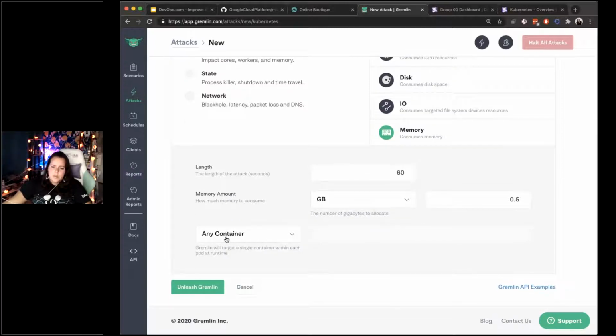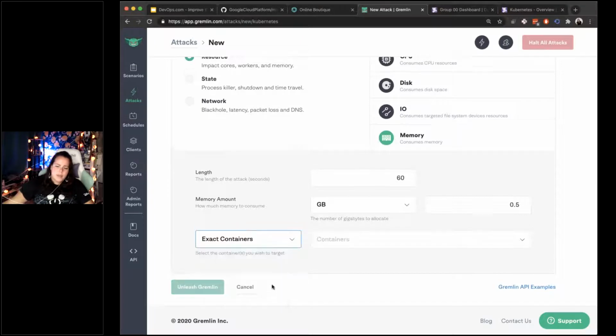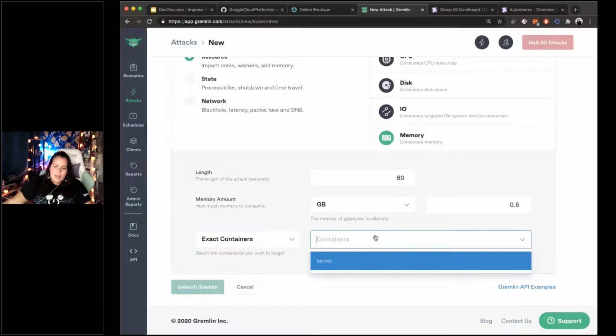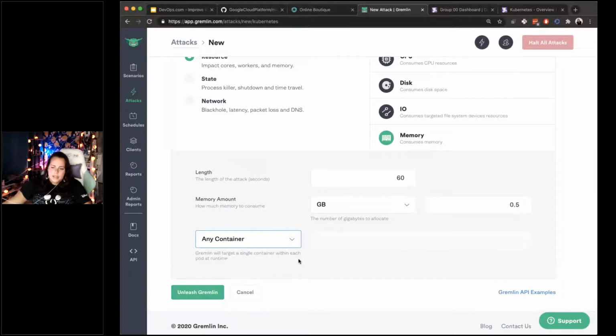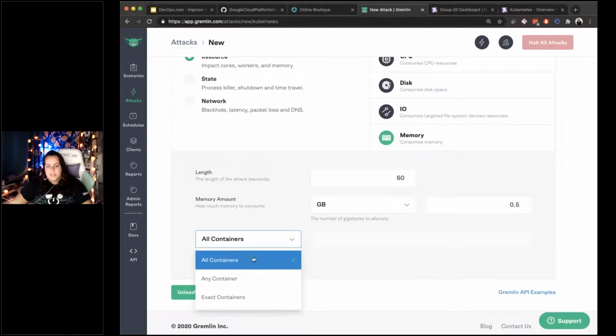And on this one, we're able to select if we wanted to target an exact container, or we wanted to target any container that matches this deployment, or if you wanted to target all containers. So if you're wanting to be really, really specific around your pods and learning more about those, this is another great feature that Gremlin just recently launched.